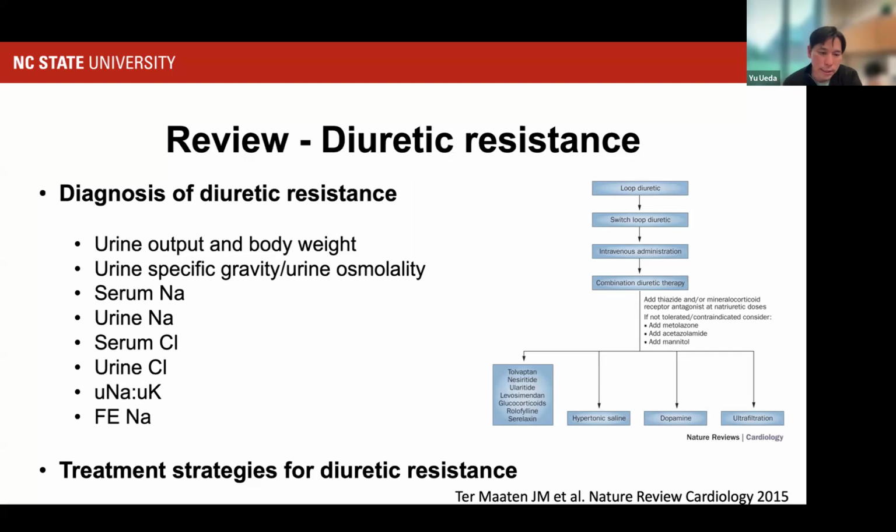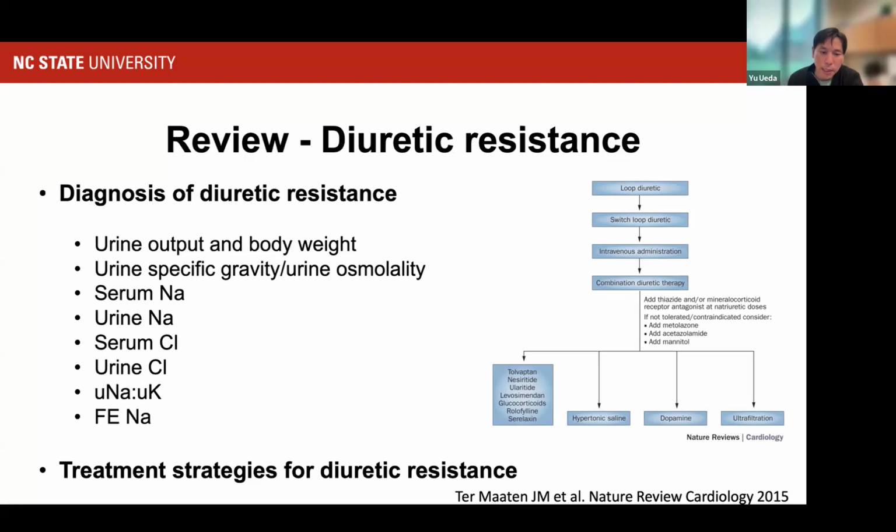And also, this is the main topic of today's paper, measuring the serum sodium and the urine sodium concentrations and the chloride concentration of serum and urine. And then based on these serum and urine electrolytes, you can also get the ratio of the urinary sodium and potassium concentrations. And then the fractional excretion of sodium has also been investigated to determine if the patient has diuretic resistance.